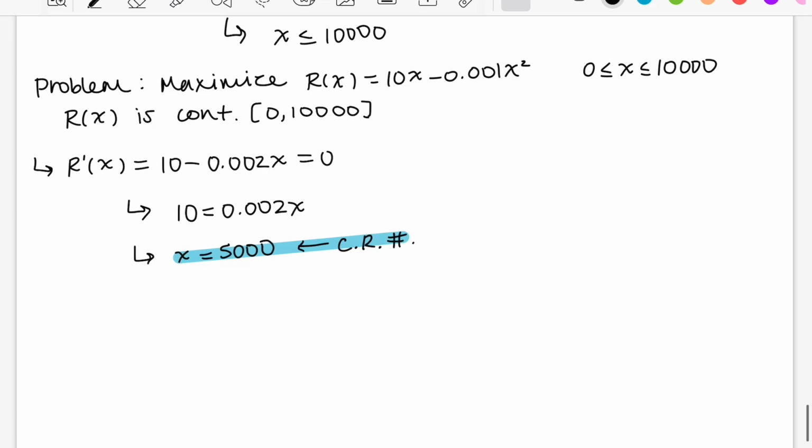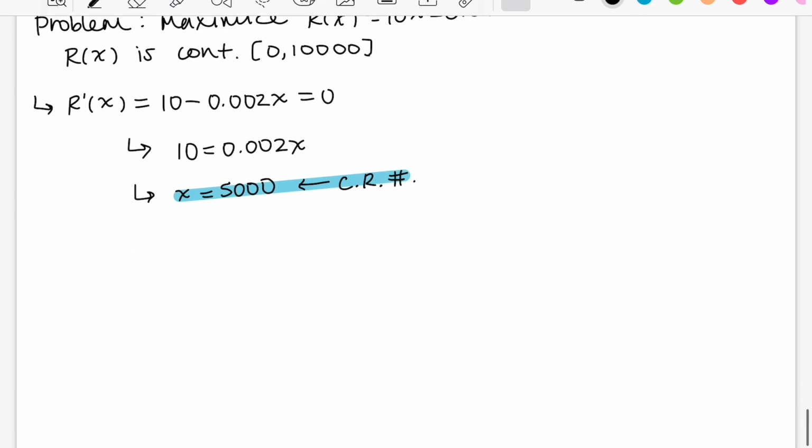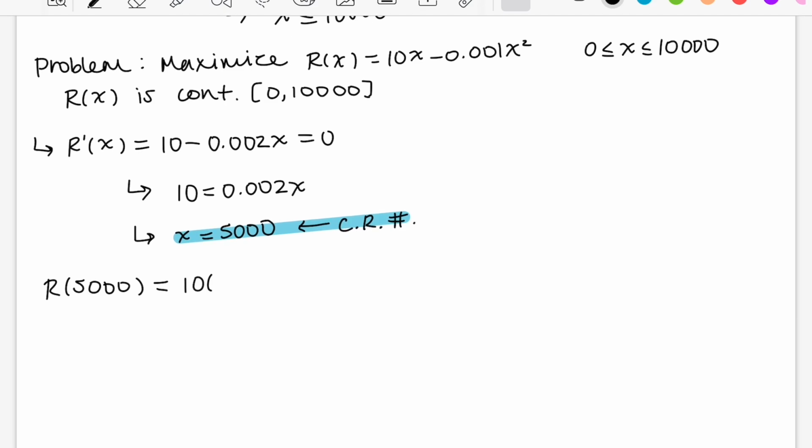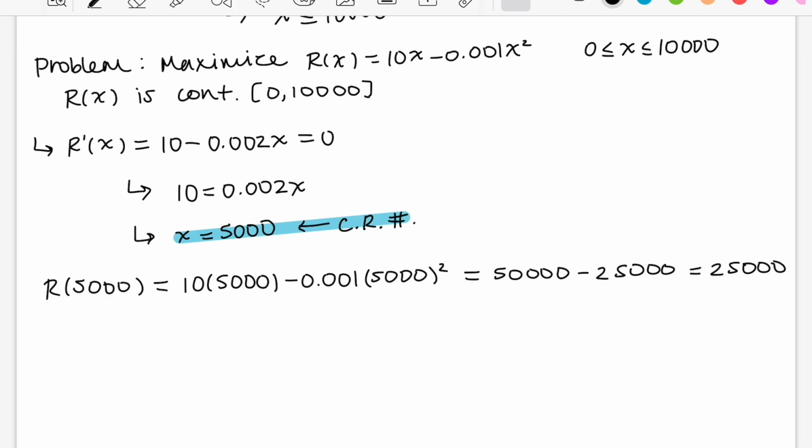All right. Now we're going to evaluate our revenue at the critical numbers and at our endpoints. So plugging our critical number into our revenue function, we get 50,000 minus 25,000, which is just going to be 25,000.